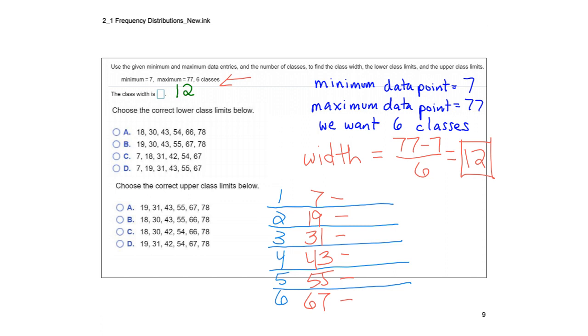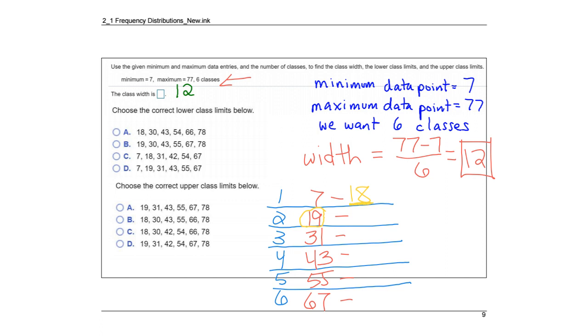Let's change color. Now we have to find the first one, right? So what we do is we look at the lower limit on the second one. That's 19. That means I want the number right before that, because remember, we can't have overlap. So if I have 19 as my next number, then 18 would have to go here as my upper limit.